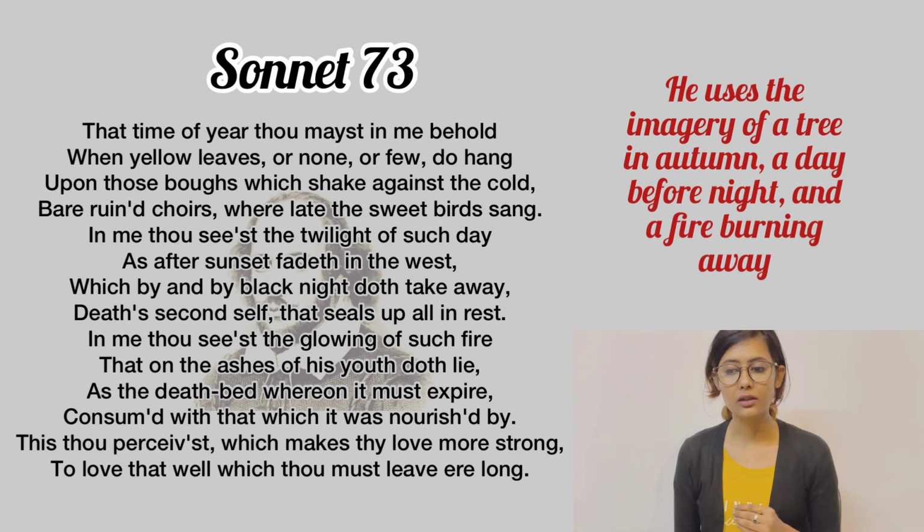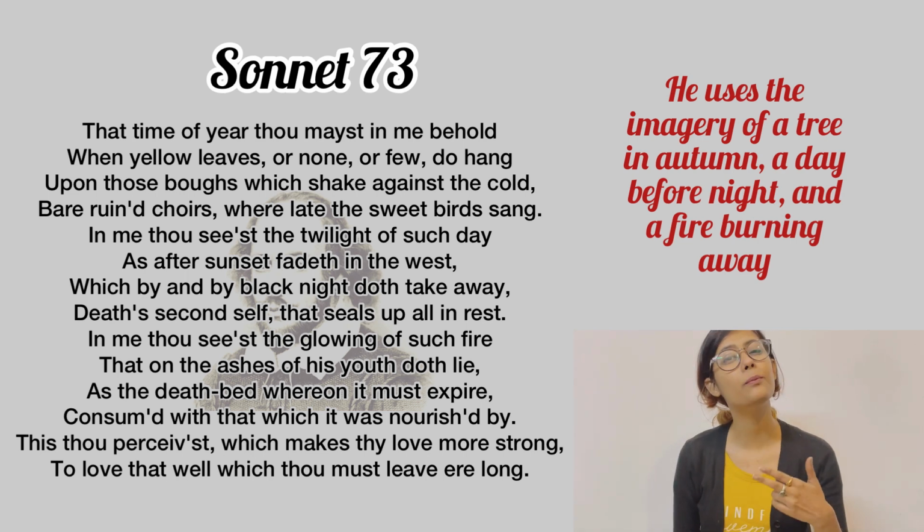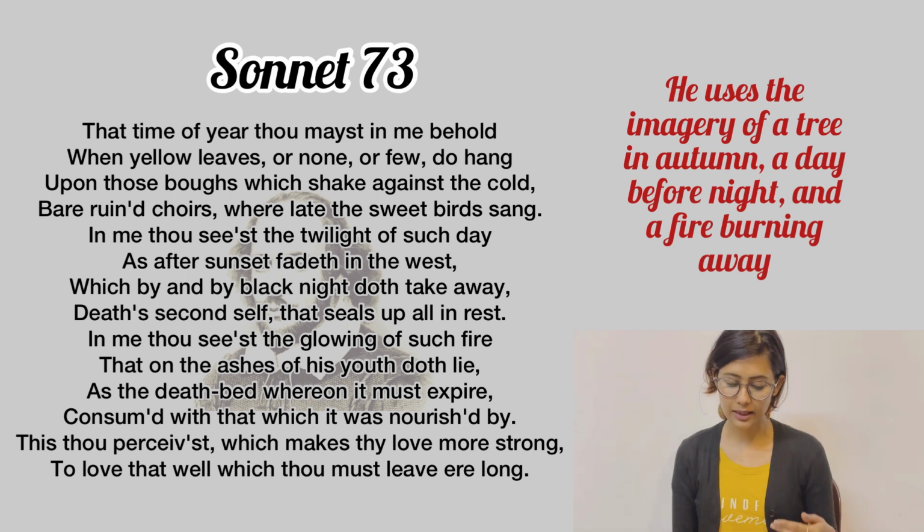Now coming to the year symbolism. So in literature, we have divided a year in 4 seasons, okay? And we have compared them with our life. How? So this is spring, summer, fall and then winter, okay? In spring we see trees grow new leaves, that is the birth, okay? Then comes the summer.